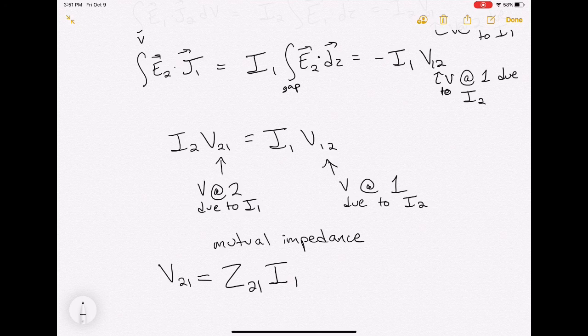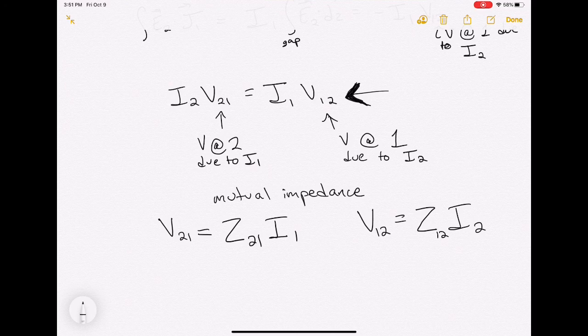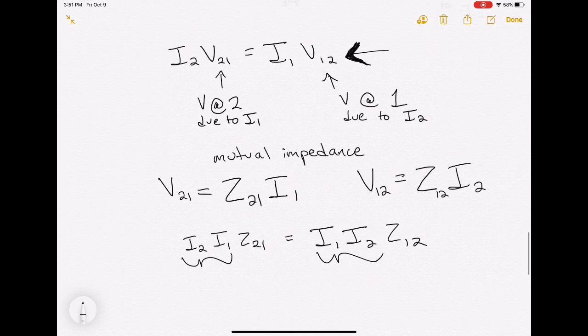And we can say that V12, the voltage at antenna 1 due to current number 2, is going to be some impedance times I2. And we're going to name that impedance Z12. What reciprocity says is this product of that voltage and that current are equal, which means if we expand it out, I2 times I1 Z21 is equal to I1 times I2 Z12, or look, these current terms are the same, so Z21 is equal to Z12.